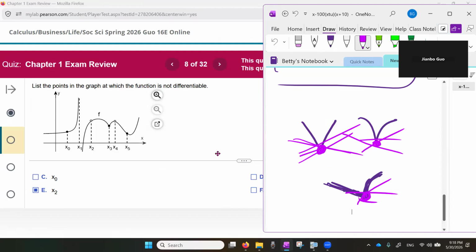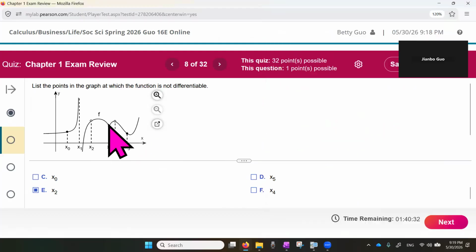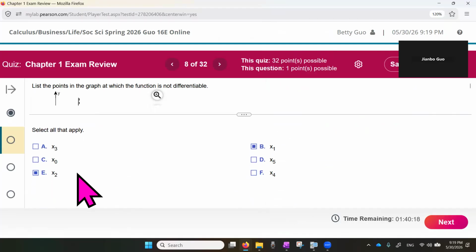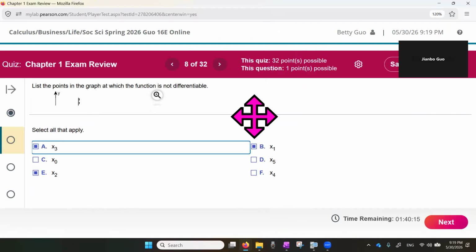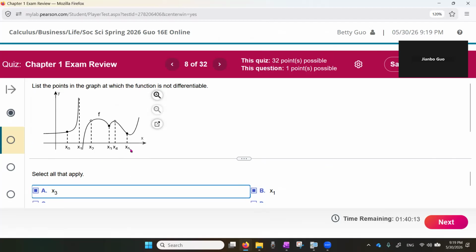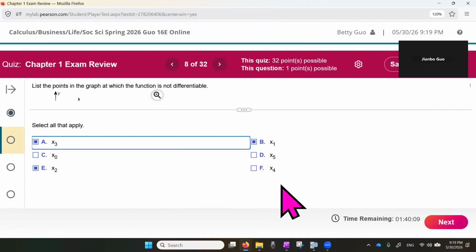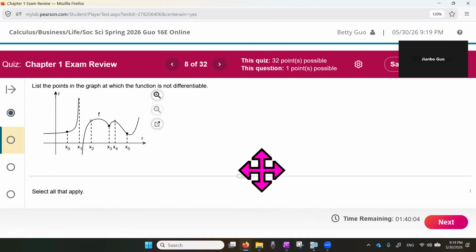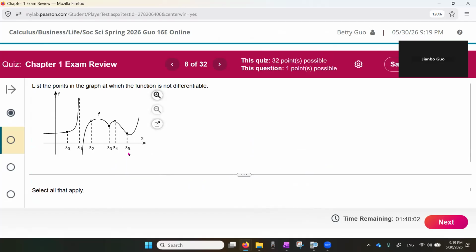All right, so that's an easy way to tell. Obviously, this is a cusp. The function is not differentiable. x sub 3, click on it. Oh, it's right here. What about x sub 4? A hole, not continuous, not differentiable. We're going to select x sub 4. x sub 5 is fine.